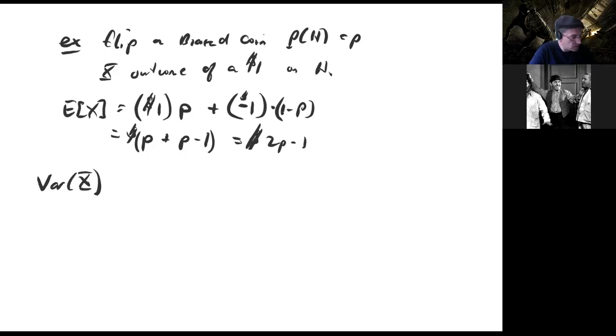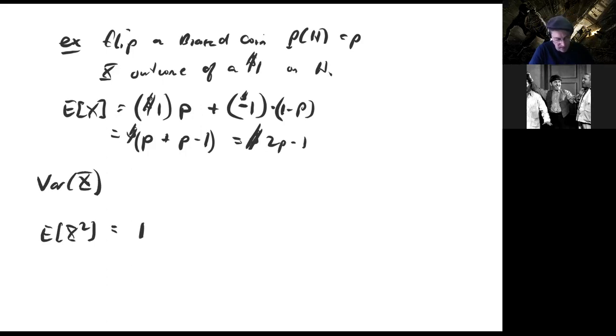Well, in order to do that, I have to compute, first of all, the second moment. So let's do that. The outcomes are 1 and -1; the probability mass function is non-vanishing only on 1 and -1.